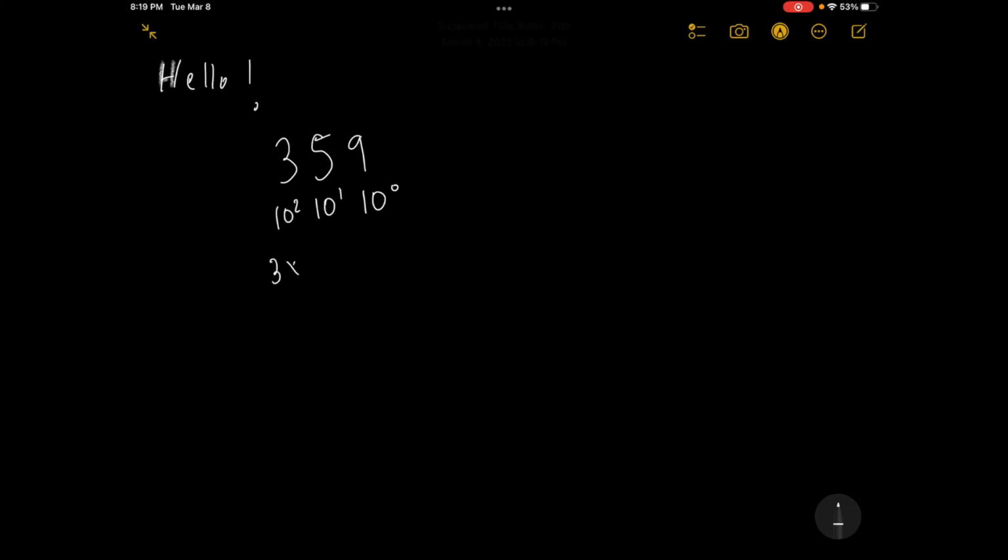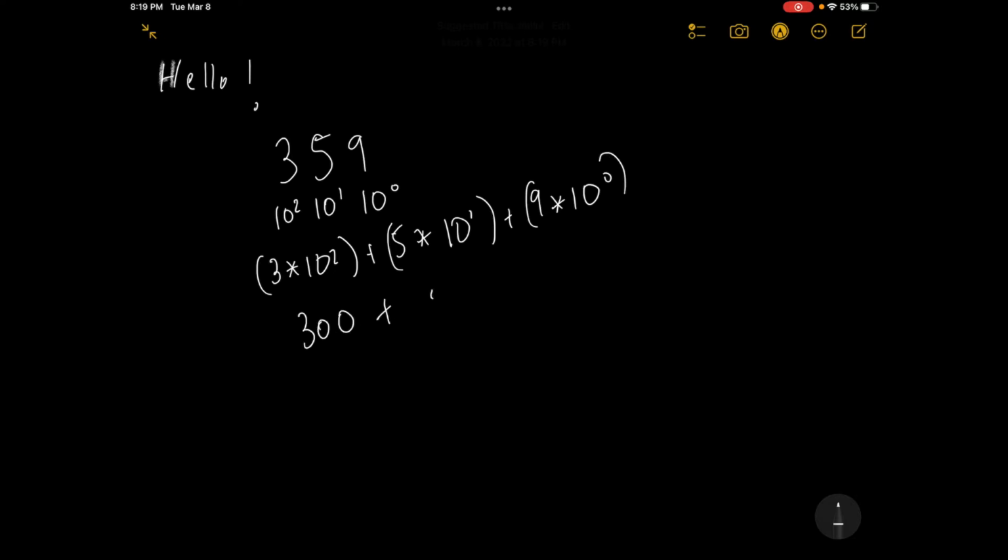So we're going to have 3 times 10 to the power of 2 plus 5 times 10 to the power of 1 plus 9 times 10 to the power of 0. That gives us 300 plus 50 plus 9 equals 359.